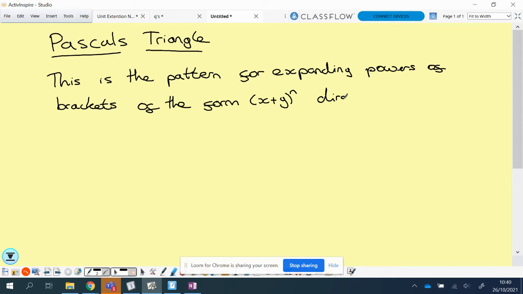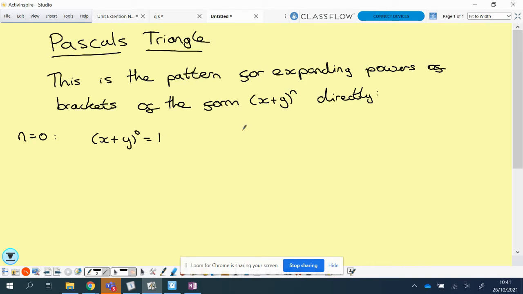This is what the pattern would look like for the expanded brackets when the power n is different. If we take n equals 0, which means I've got x plus y to the power 0, then we know that just gives out a 1, because anything to the power 0 is 1.